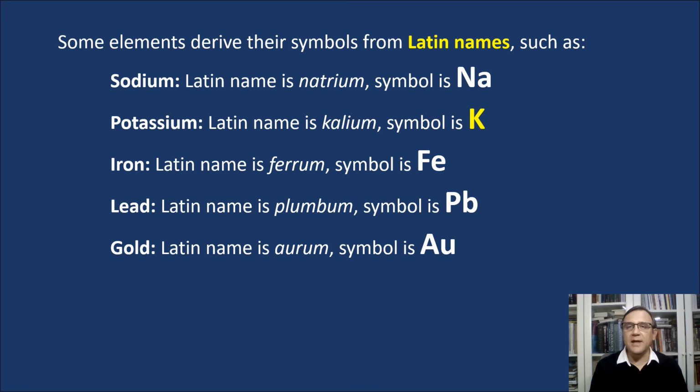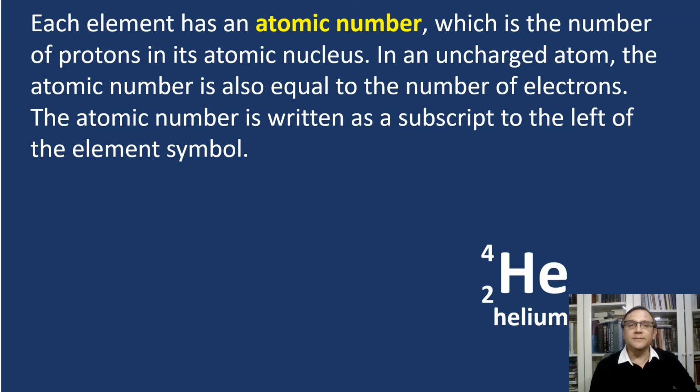Symbol is capital K. Iron. Latin name is ferrum. Symbol is capital F, lowercase e. Lead. Latin name is plumbum. Symbol is capital P and lowercase b. Gold. Latin name is aurum. Symbol is capital A, lowercase u.